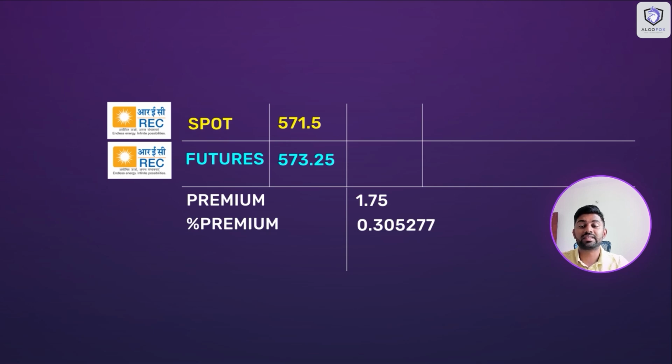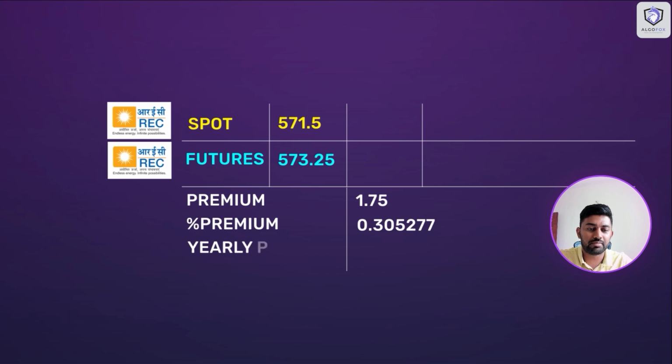This 0.3% premium is only when we have just 2 days left for the expiry. In a year, we have approximately 365 days. So if I have to calculate the yearly premium yield, for 2 days it is 0.30. For 365 days, I will just multiply it by 180, right?